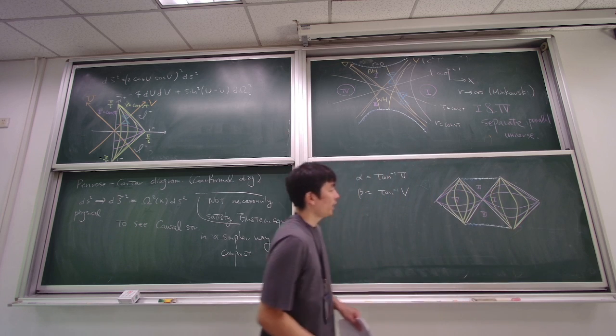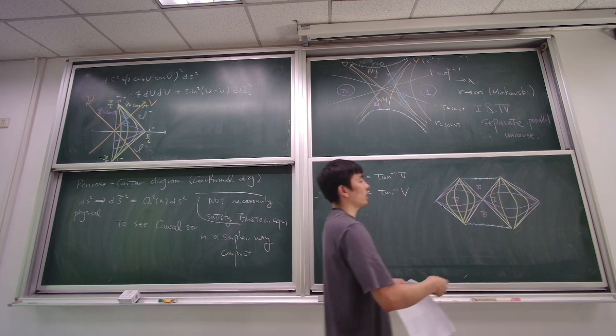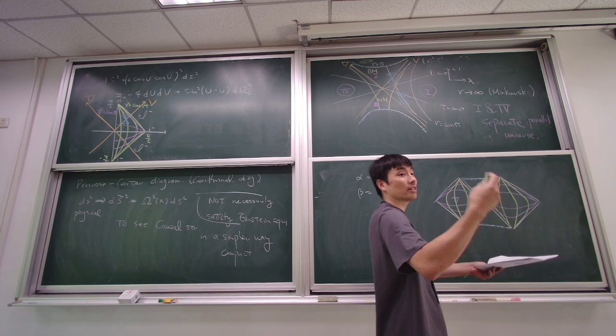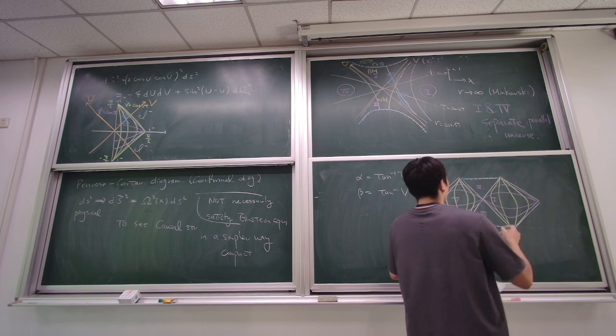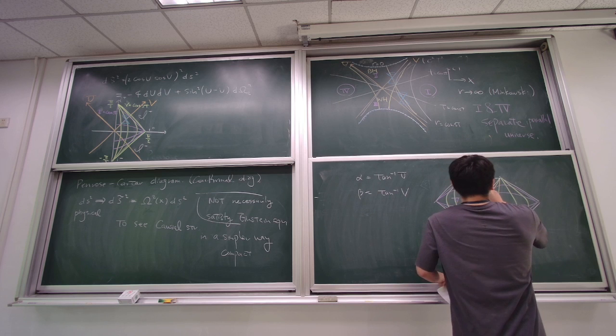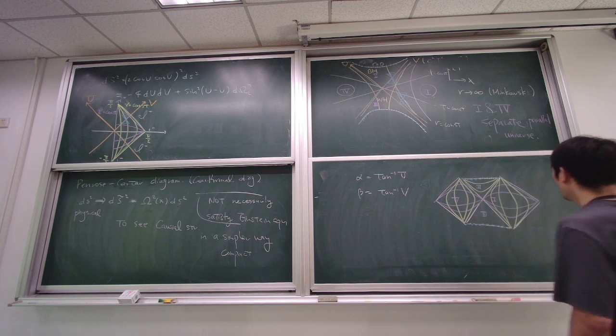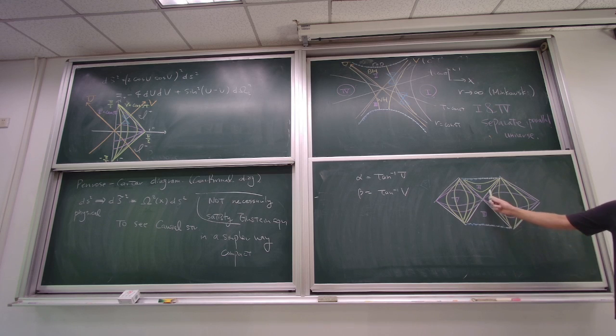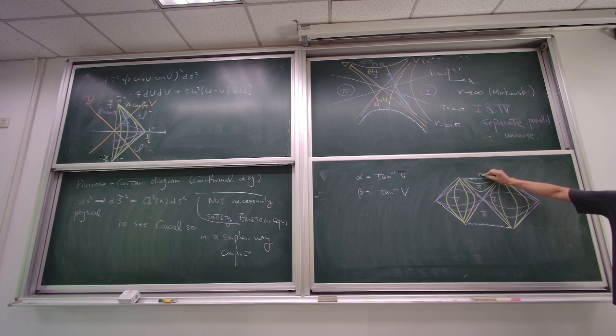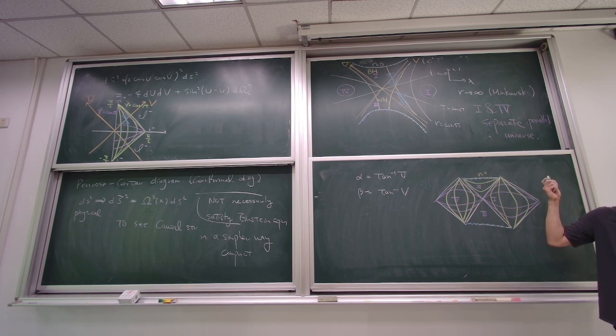Okay, and then if you go to region number 2, as I mentioned, the time and radius directions are swapped. So the r constant lines become like this way, and r equal to 0 is, at the end of the day, this one, the singularity.